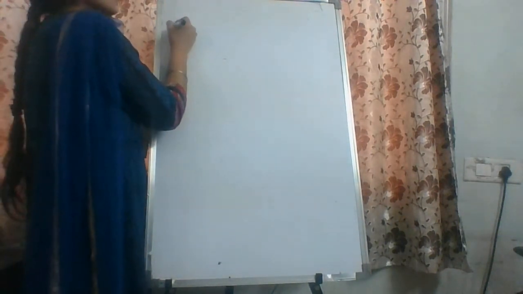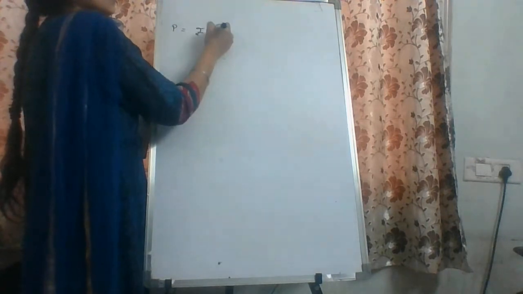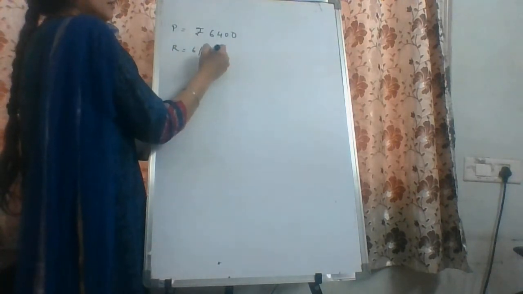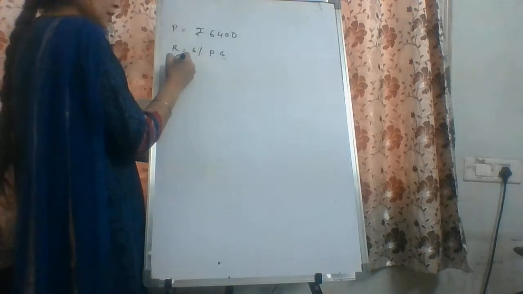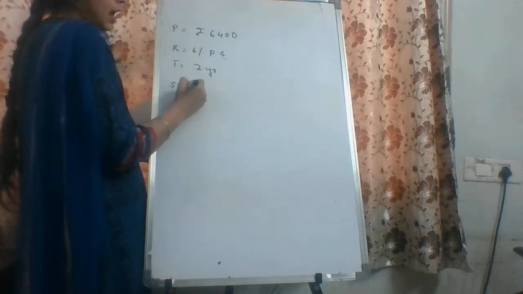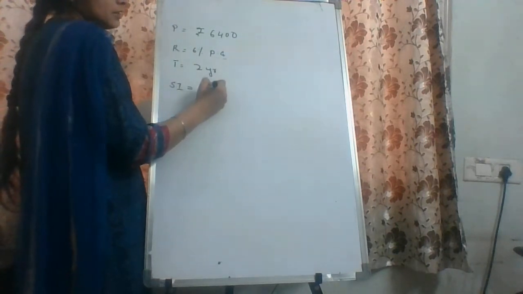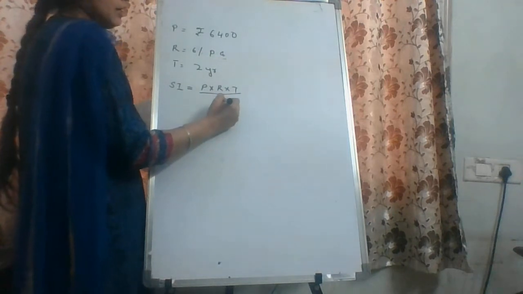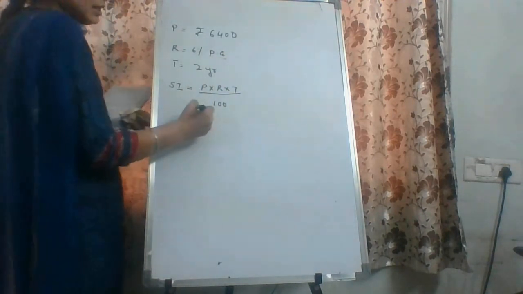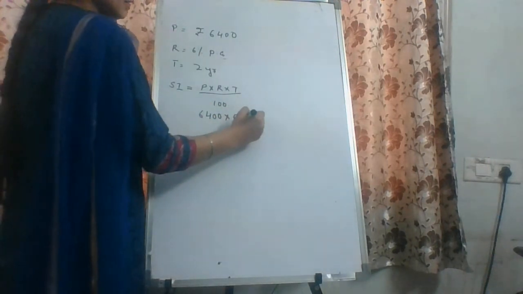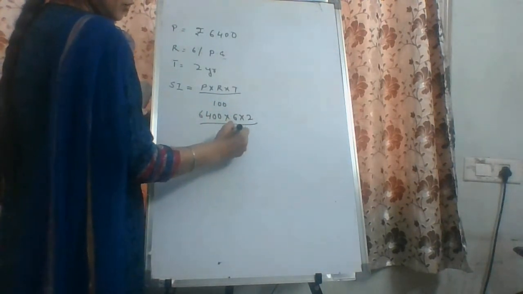If principal is equal to rupees 6400, the rate is equal to 6% per annum, time is 2 years, what is the simple interest and amount? Simple interest is equal to principal into rate into time upon 100. Let us calculate, children. 6400 multiplied by 6 multiplied by 2 upon 100.